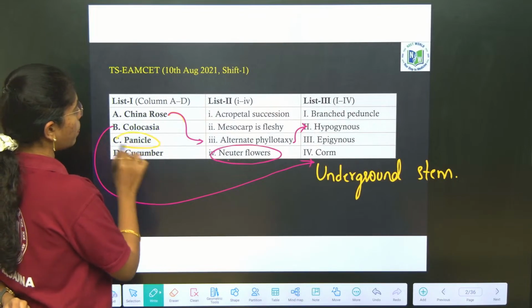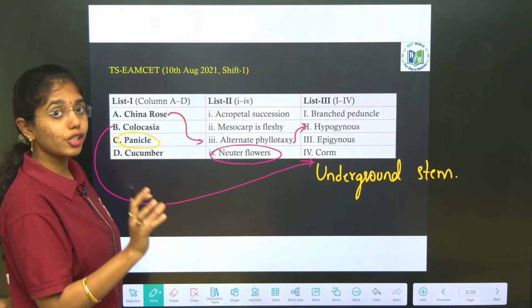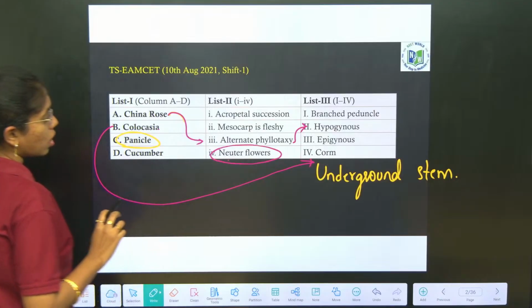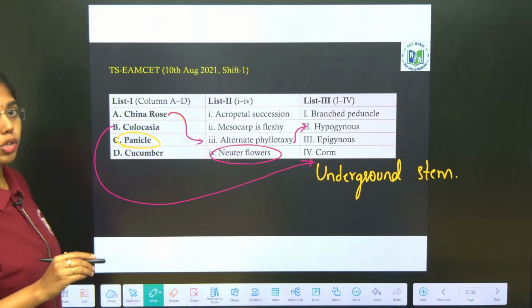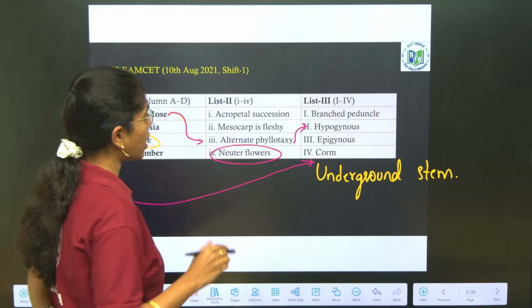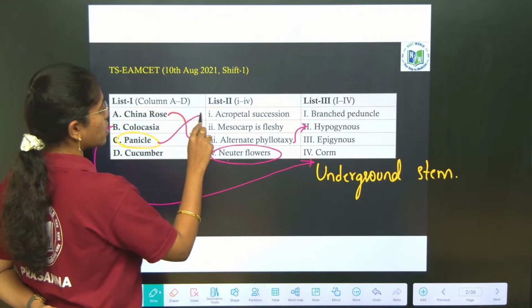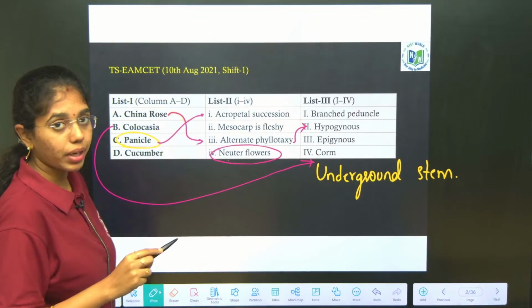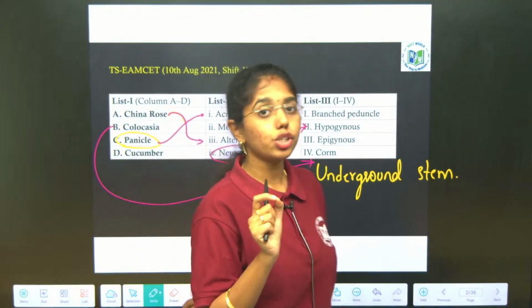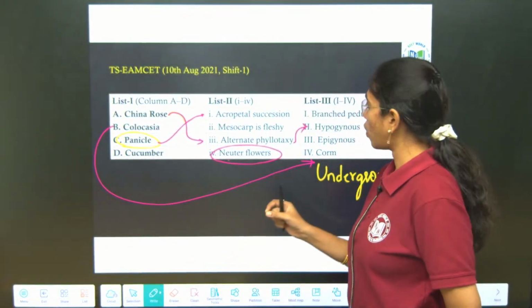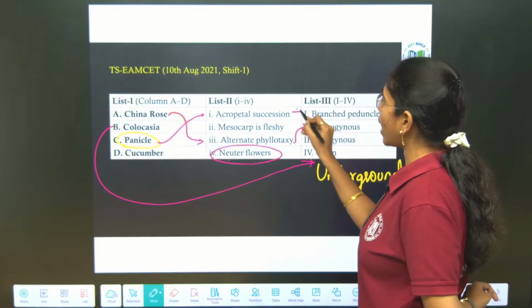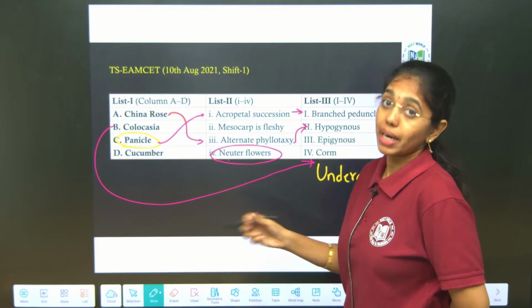Next, panicle. Panicle is nothing but branched racemose type of inflorescence. So here in racemose type of inflorescence, how are flowers arranged? In acropetal succession. And as it is a branched racemose inflorescence, it will be having branched peduncle with many pedicels.